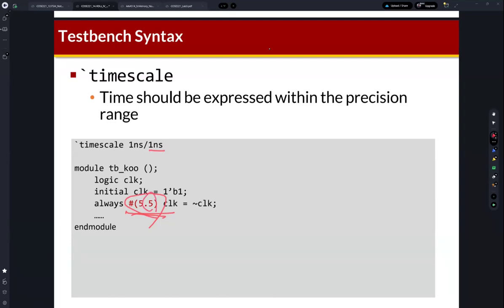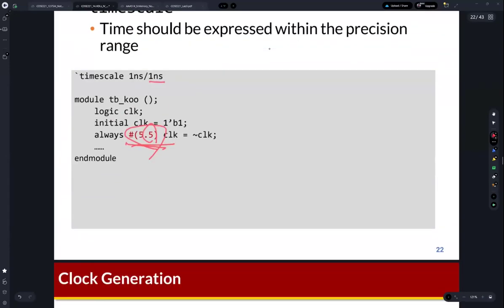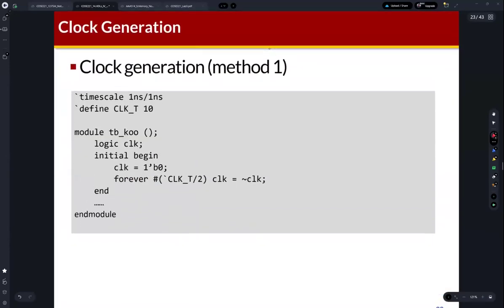So 0.5 is not actually allowed, but it's just ignored.